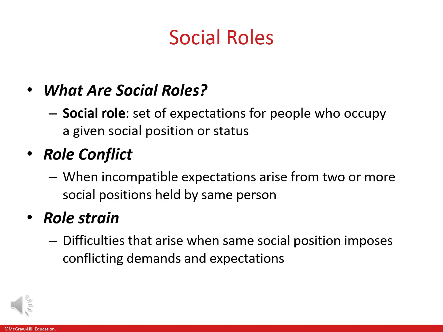Social roles. Social roles are expectations that people are given when they occupy a certain position. Role conflict is when two or more social positions held by the same person cause issues or incompatible expectations. The example from the book is a supervisor.